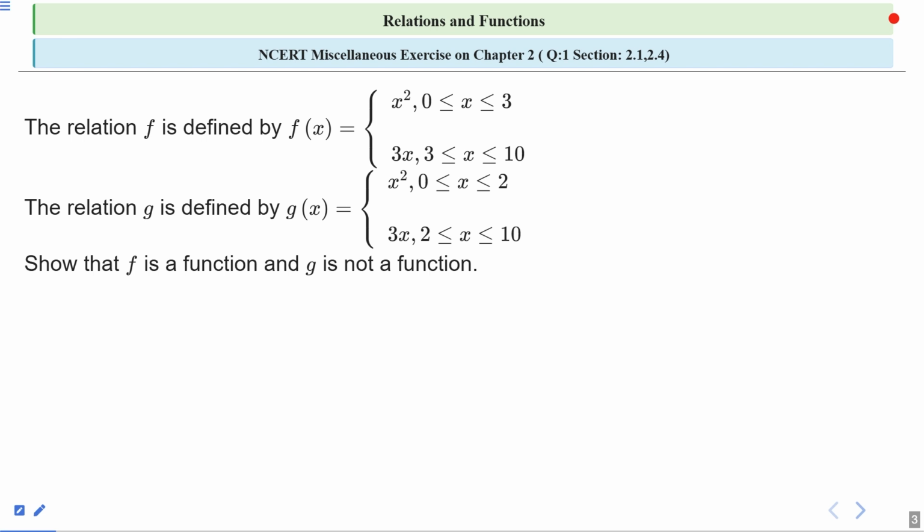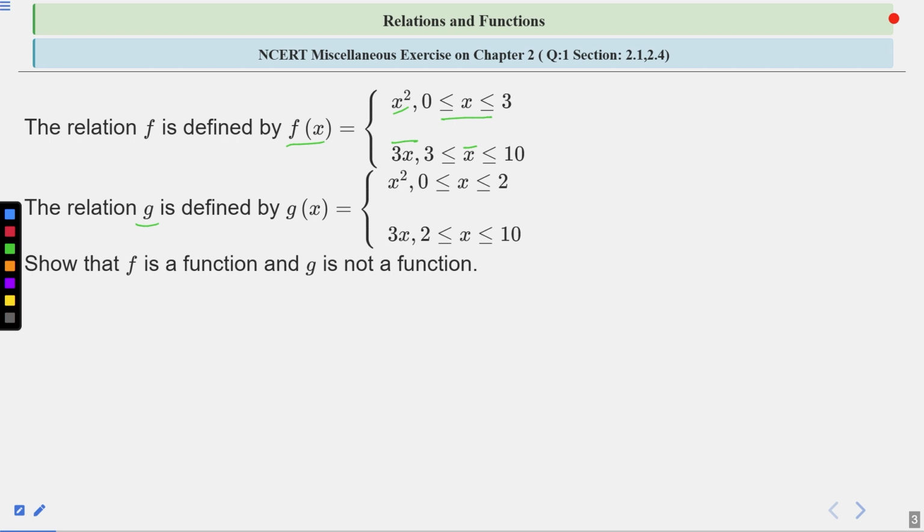Now, coming to this question. Here, the relation f is defined by this rule: f(x) = x² whenever x is greater than or equal to 0 and less than or equal to 3, and f(x) = 3x whenever x is greater than or equal to 3 and less than or equal to 10.